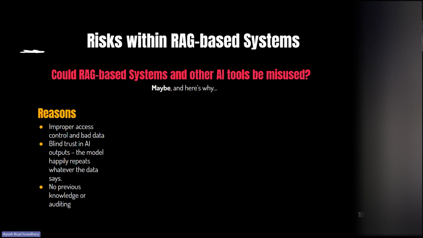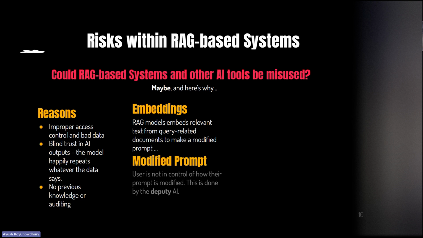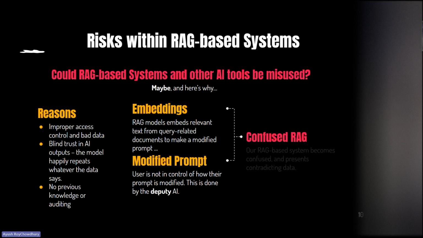And with no previous knowledge or auditing of your data, this can create risks where the embeddings that are used by the RAG from the query that you have asked that RAG to make a modified prompt can be malicious because you have no access over that modified prompt. And thus, if your data is poor, that modified prompt becomes poor, thus confusing the large language model into presenting contradicting data.